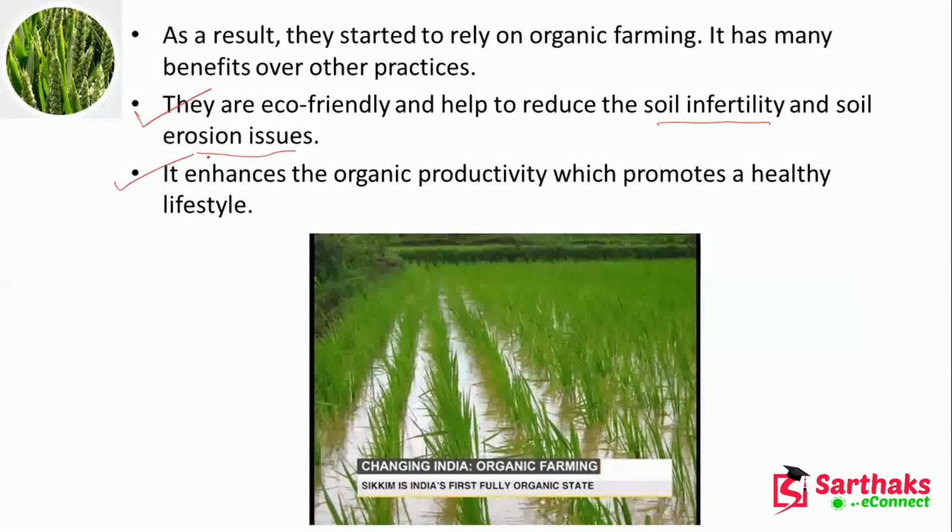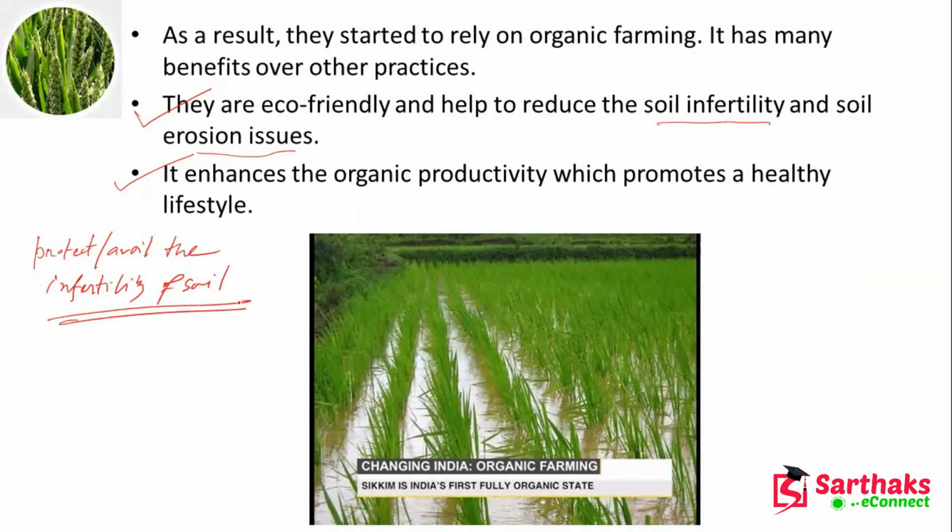As I have told you, we are not using any synthetic pesticides or inorganic chemicals, so it will avoid the infertility of soil. After one round of production, you can see that the soil is not at all cultivable. That will not occur in organic farming, and it will enhance the organic productivity also.